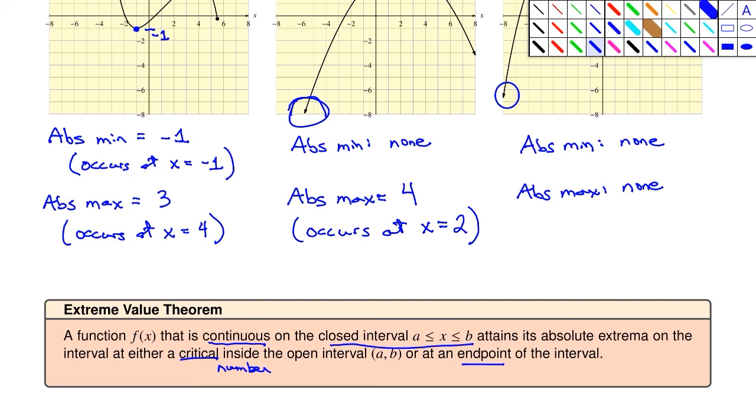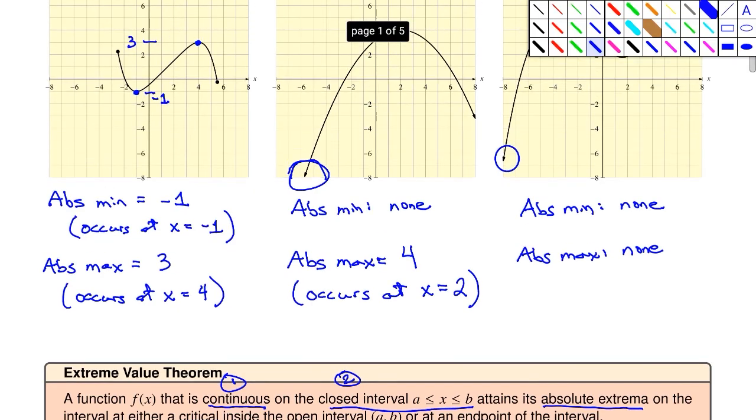So if you have a continuous function, so there's two conditions here, continuous function and a closed interval. If you have that, then you do know that it obtains both extrema on the interval at either a critical number or an endpoint. Let's reconcile that with the pictures above.